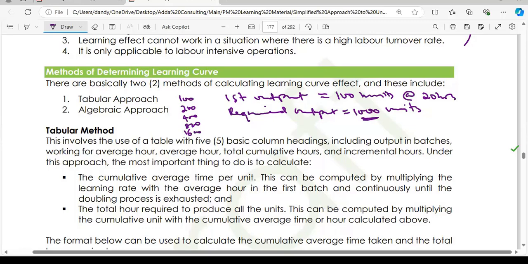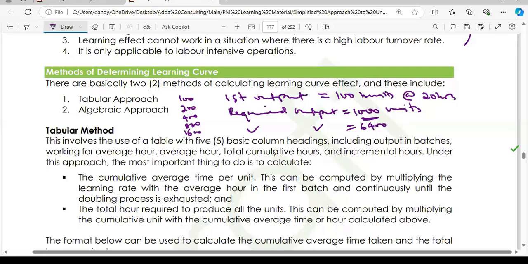Another example, say you are told that the output in the first batch is still the same 100 units. However, you are now told that the required output is 6,400. Okay, it's 6,400. How do we do this?